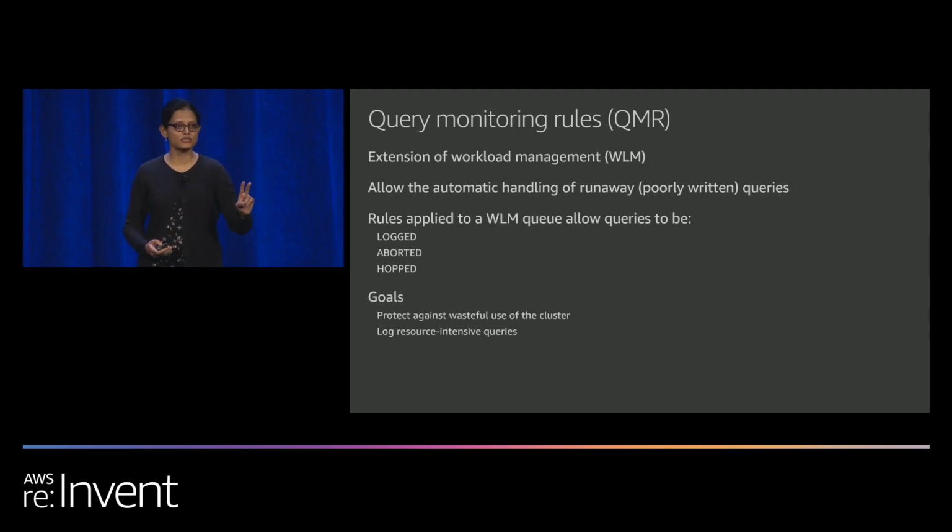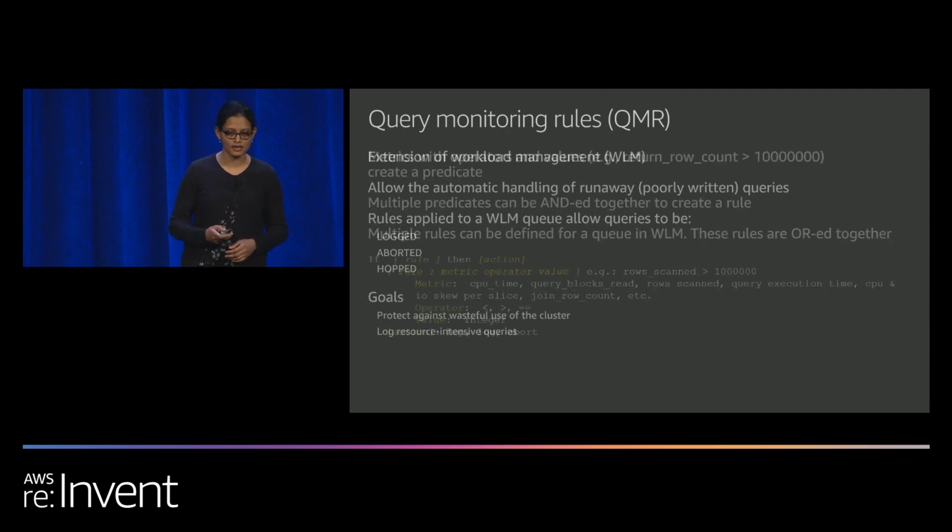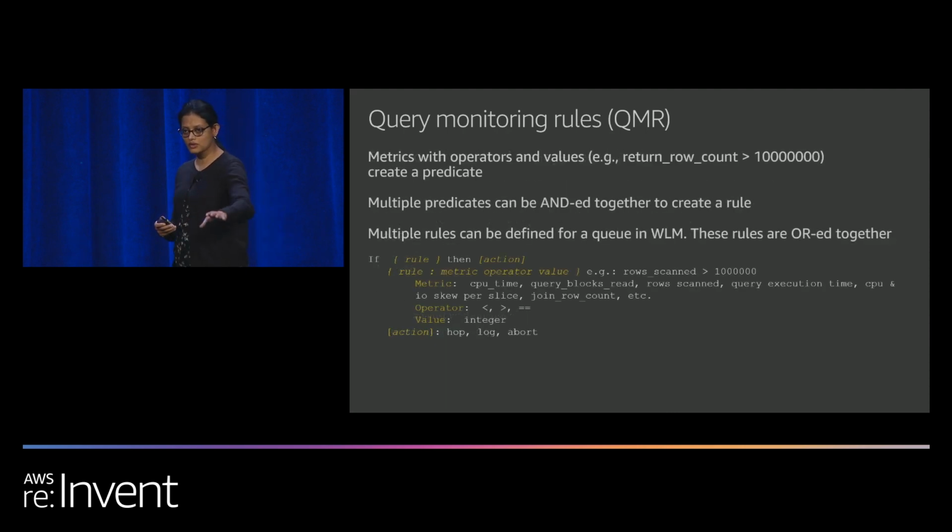The second common use case for QMR that we recommend to customers is to log your long-running queries. What this provides is that you can go and review your long-running queries, look at the profile of the query, and make adjustments to make them performant. Here is one simple example of how you can set QMR. You can stitch the rules together, but I just wanted to highlight this.